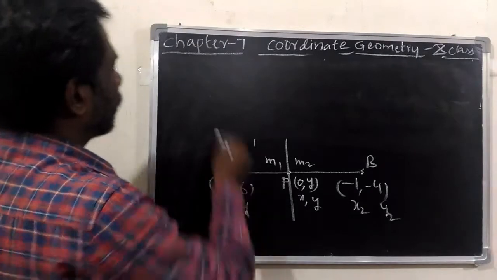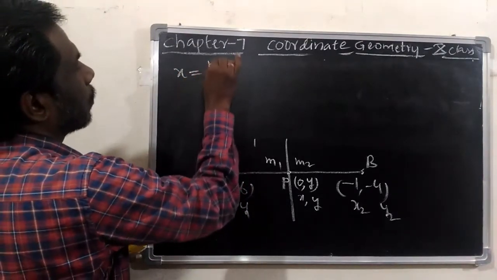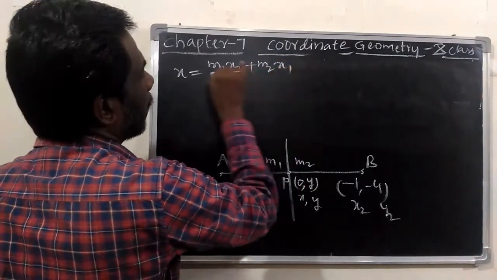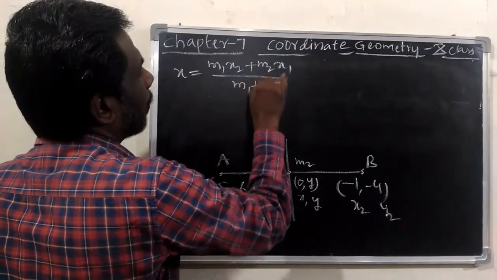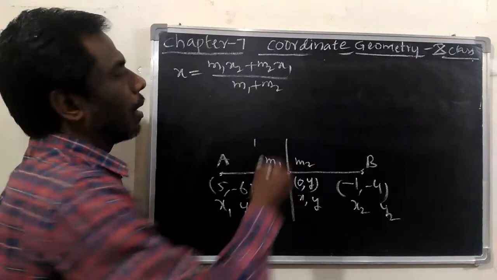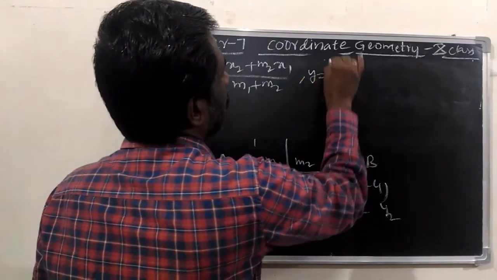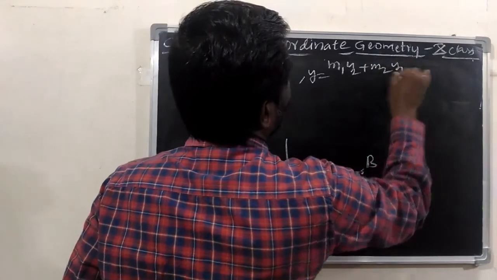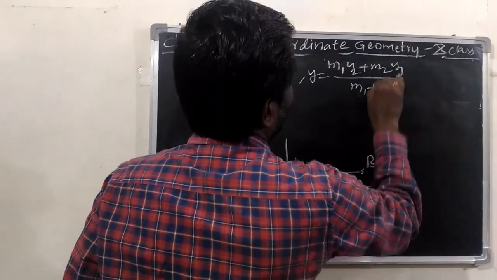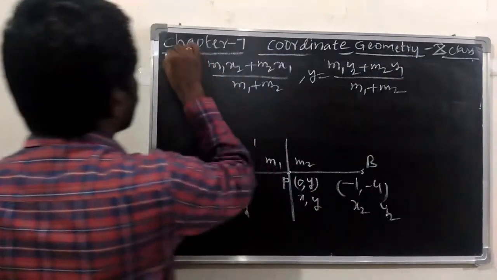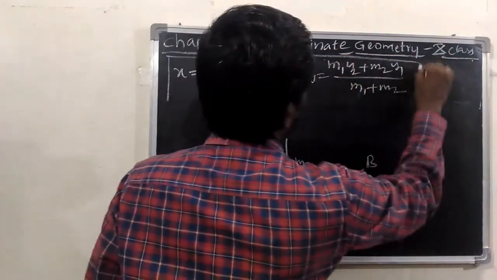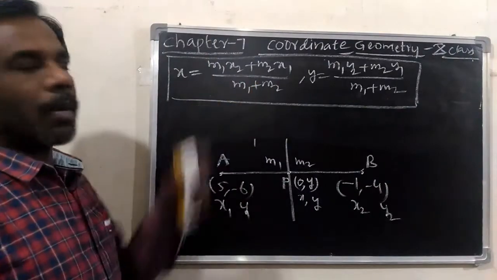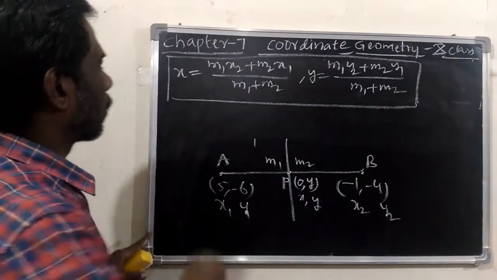So what is the section formula? x equals (m1 x2 plus m2 x1) by (m1 plus m2), and y equals (m1 y2 plus m2 y1) by (m1 plus m2). Make it a box because it is a formula.